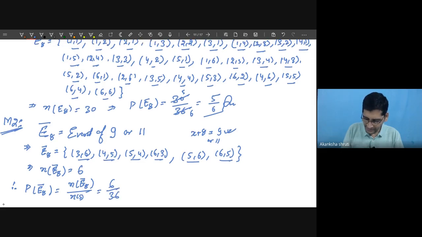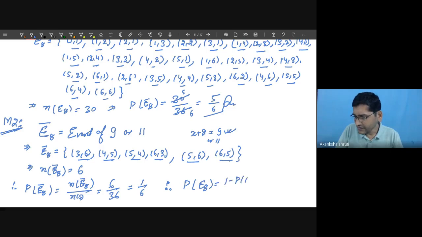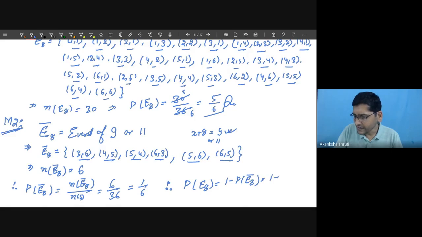You may keep it as it is, or you may calculate it as 1 by 6. Therefore, the required PE8 is 1 minus PE8 bar. This we have calculated as 1 by 6. Go for subtracting. So it becomes 1 minus 1 by 6, which is 5 by 6. This is our answer.